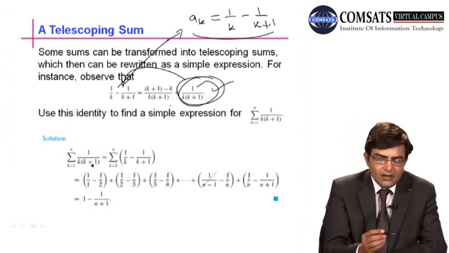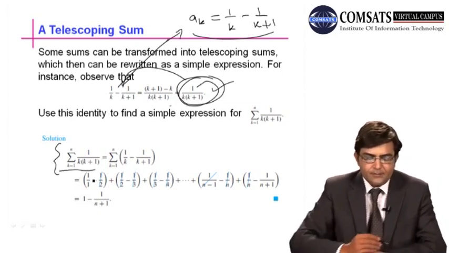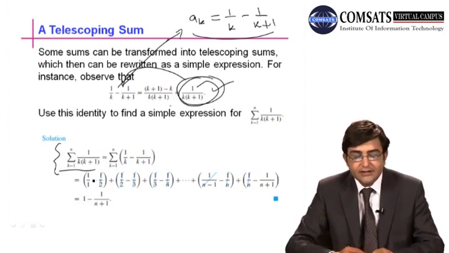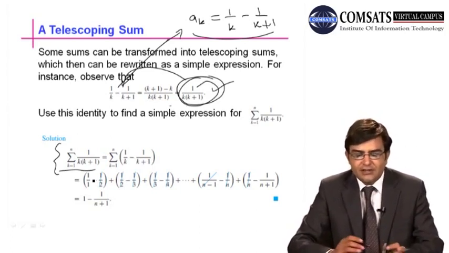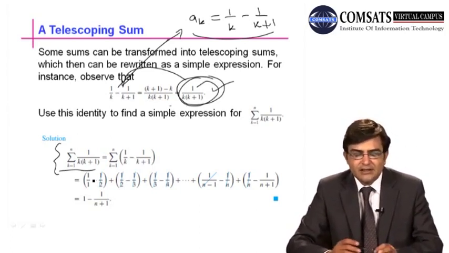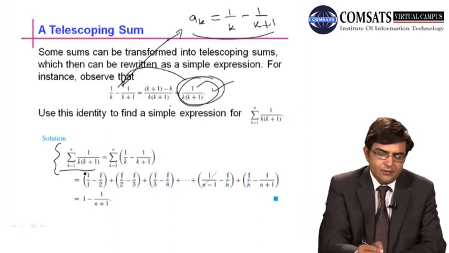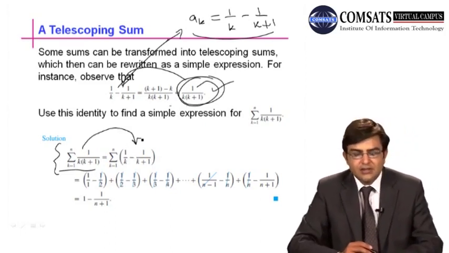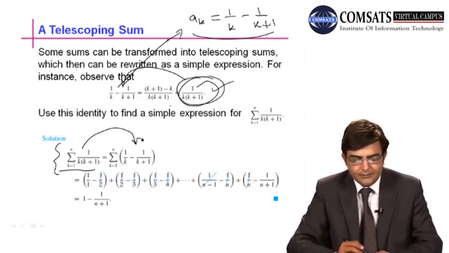Now, expanding this form of the summation is a bit difficult or tedious. If we expand this form, we shall expand all the terms and then take the LCMs, and it involves a lot of calculations. So if we are given such summations, we can transform them into this form using some simple algebra.